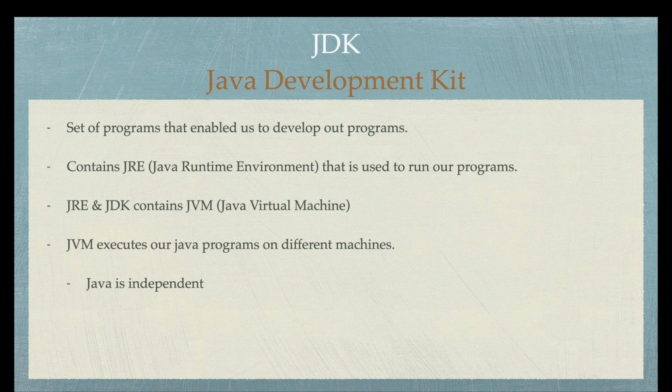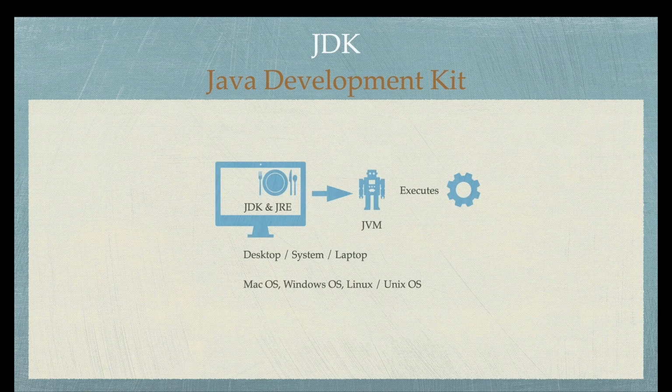Thus, Java is machine independent. Okay. So this diagram depicts that a JDK and JRE installed on a desktop, any system, server or laptop can run or execute your code with the help of the Java Virtual Machine. And because it uses a virtual machine, JDK can be used on multiple operating systems such as Mac OS, Windows, Linux or Unix.